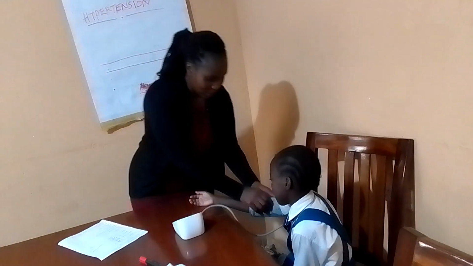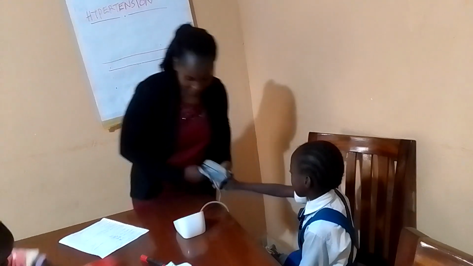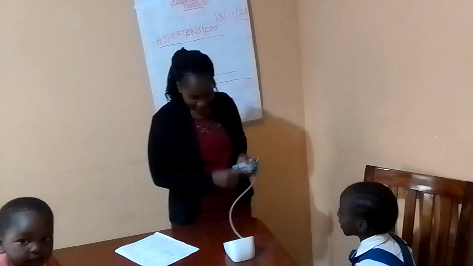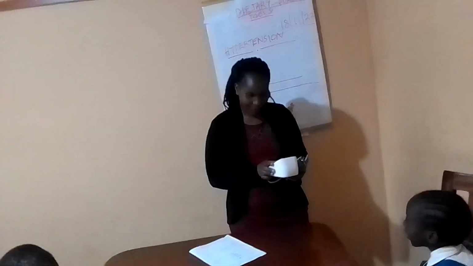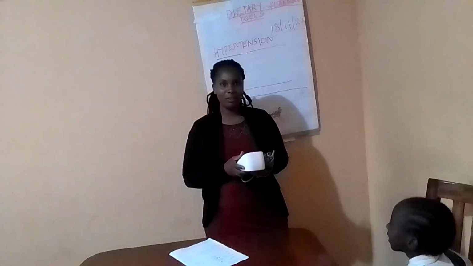Okay, it has given us our readings. So Julie's blood pressure is 118/76.